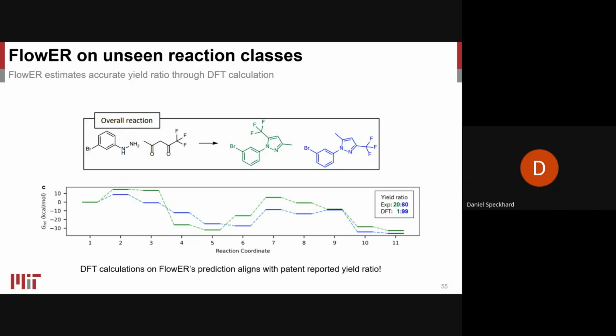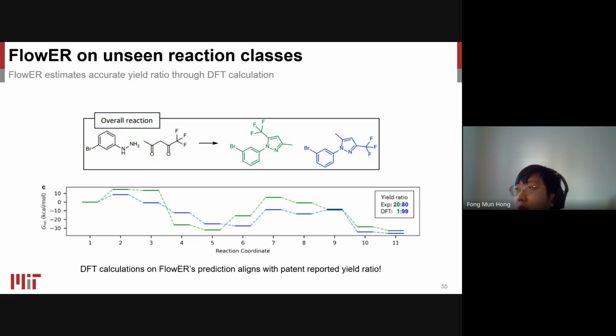That makes sense? Gotcha. So do you retrain on different reactions? Basically you would. We will cover the retraining part later; we call it the fine-tuning part.